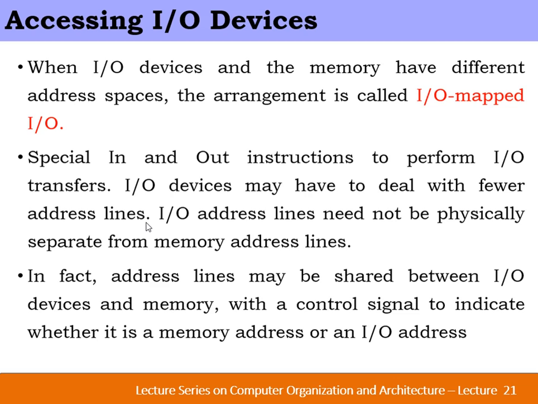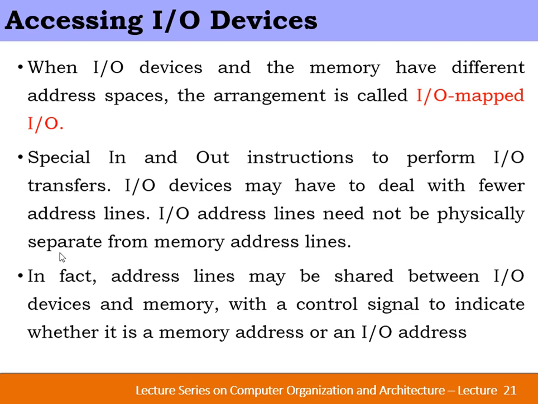But in IO mapped IO, IO devices are not required to deal with the larger address bits. They will have fewer address lines, compared to memory mapped IO. IO address lines need not be physically separate from memory address lines.